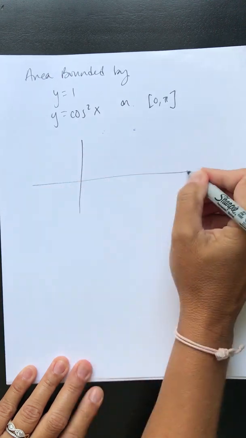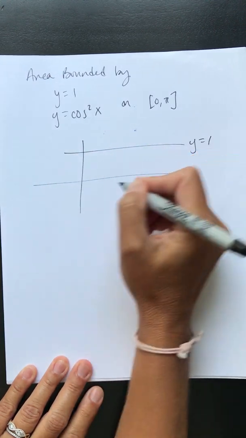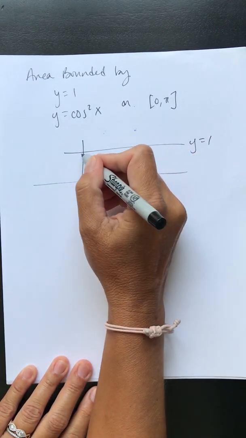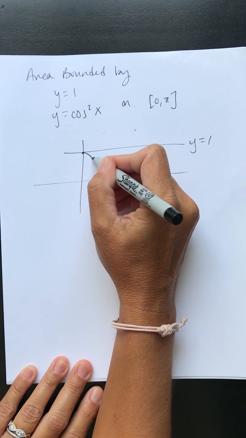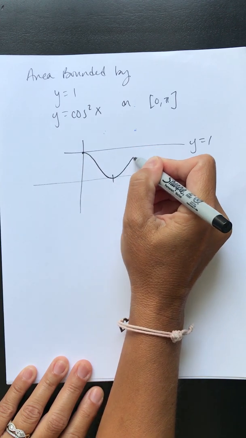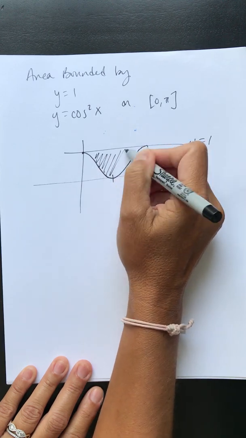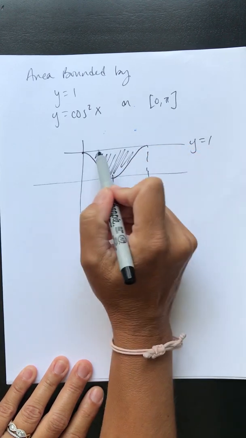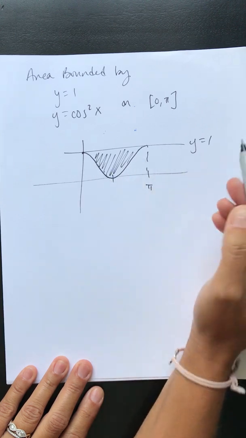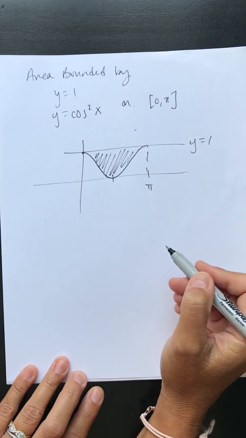So y equals 1 looks like this. Cosine of 0 is 1, squared is 1, it dips down to 0, and back up to here. So I'm looking at this lovely region here. I can see that 1 is on top and cosine squared x is on the bottom.